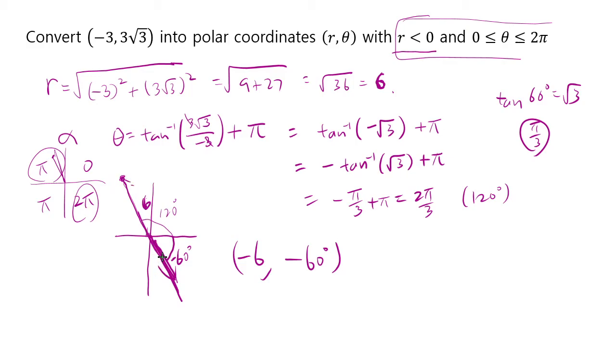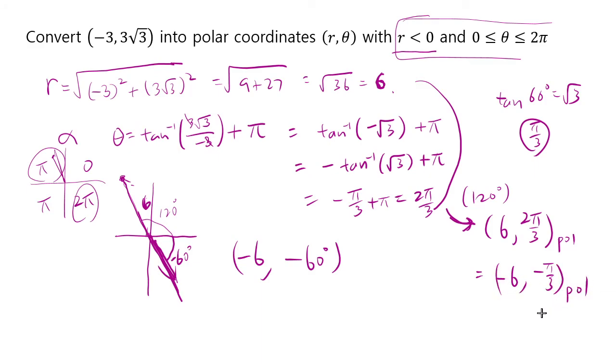So what I'm trying to say is that if you were to write the answer in positive r, you would have had your answer as (6, 2π/3). But this polar coordinate is actually the same thing as (-6, -π/3).